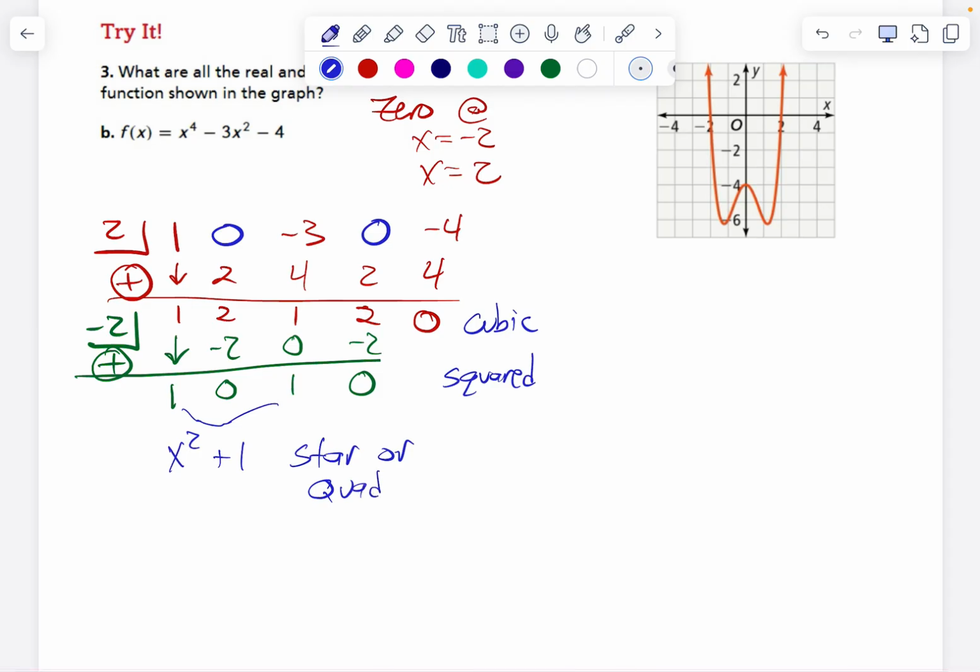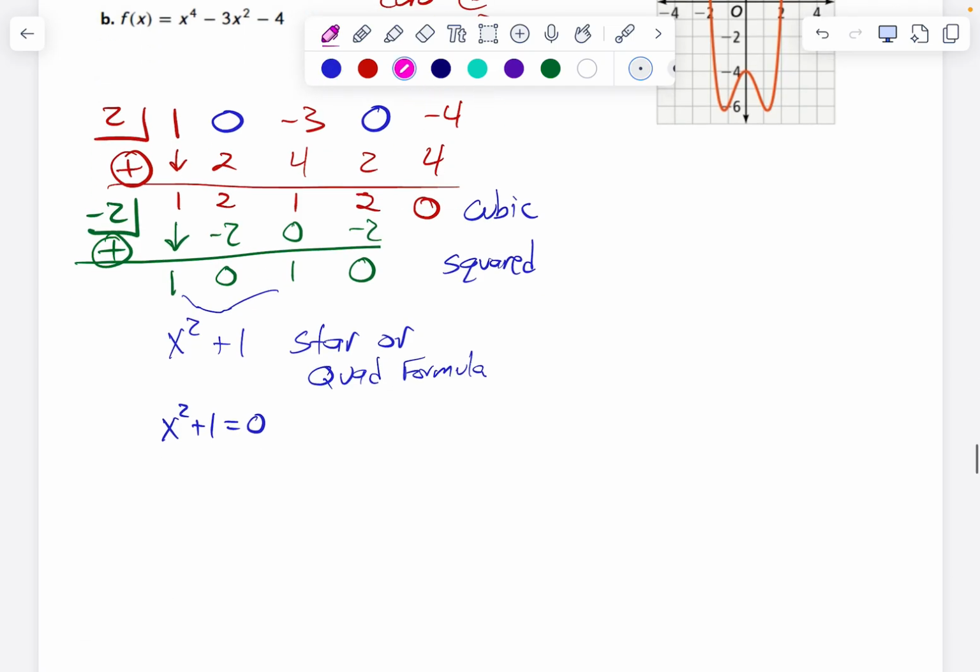Can you do that for me real quick? Just solve by square rooting. Some of you can probably do it in your head. Set it equal to 0. What's our next step? Okay, what's the square root of -1?